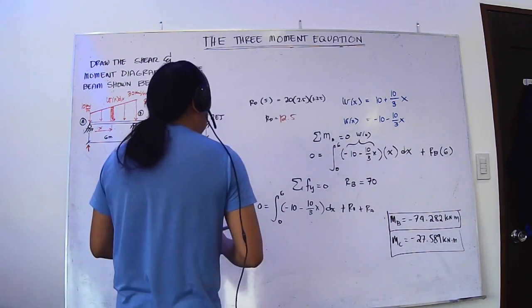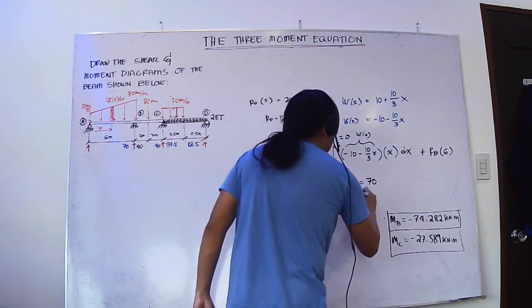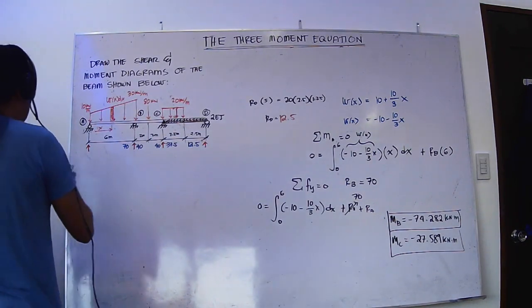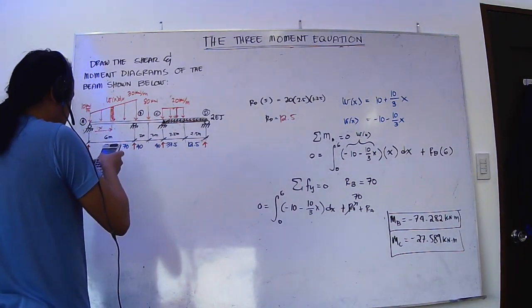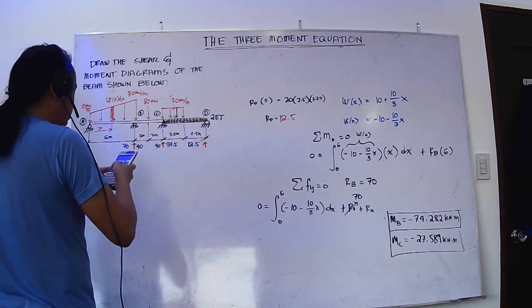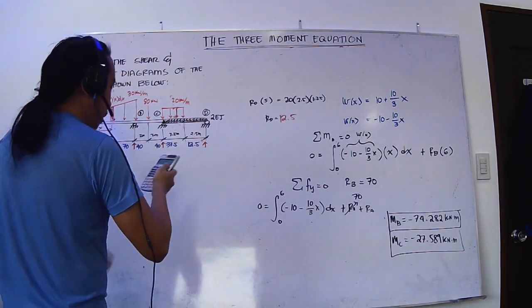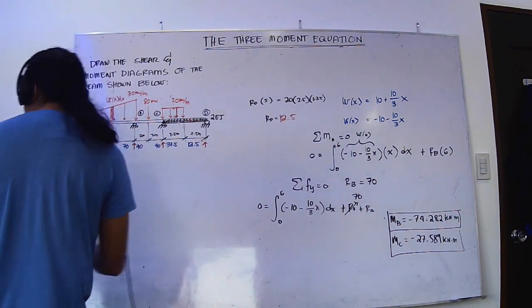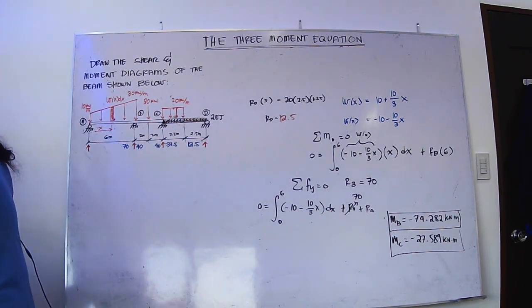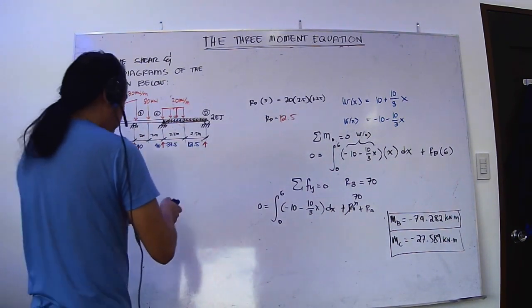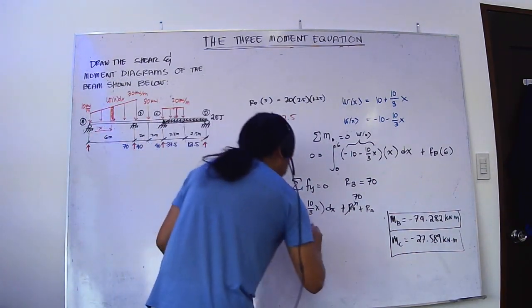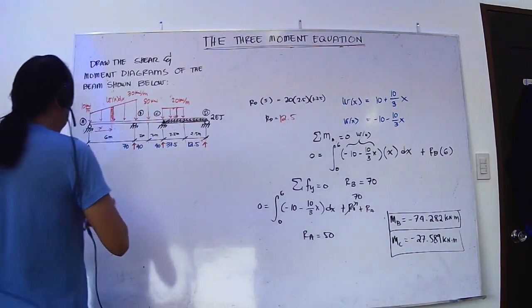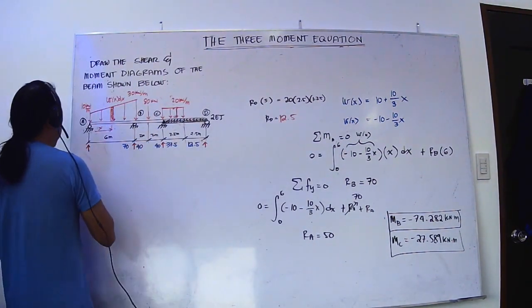RB is known to be 70. The value of that integral is negative 120, so negative 120 plus 70 is negative 50, so RA is 50. I will label this as 50.